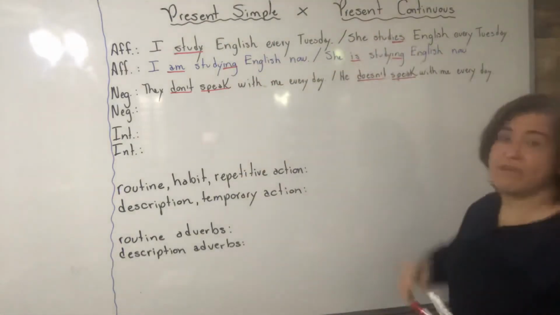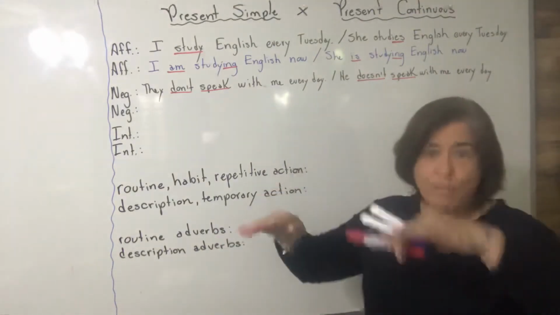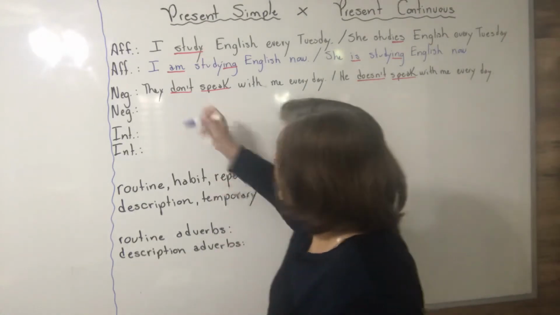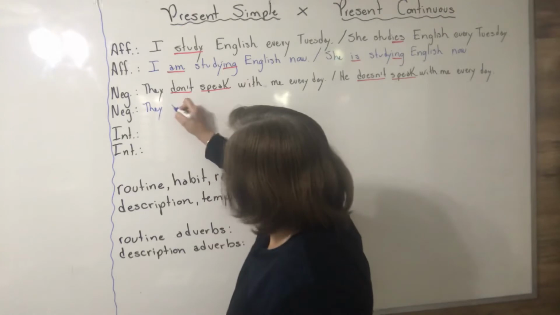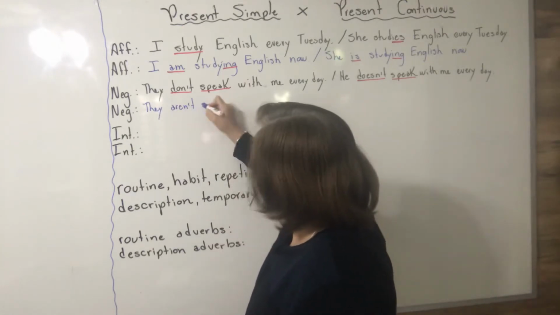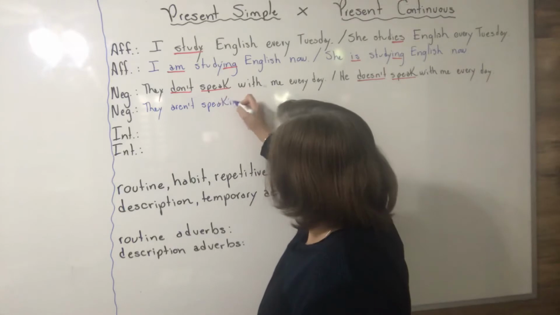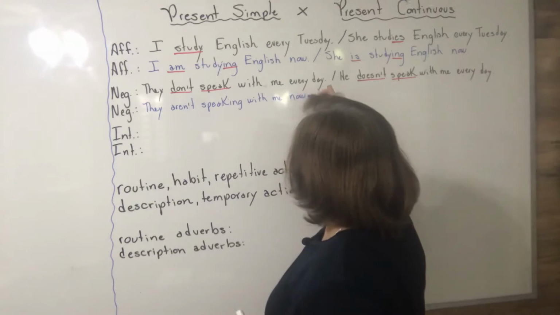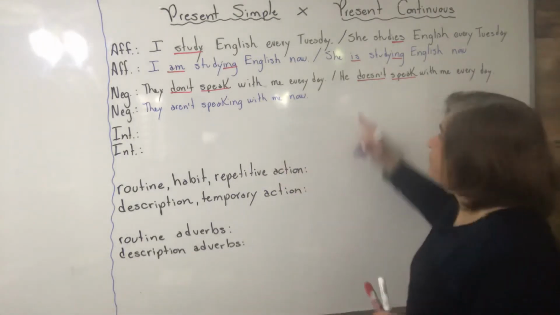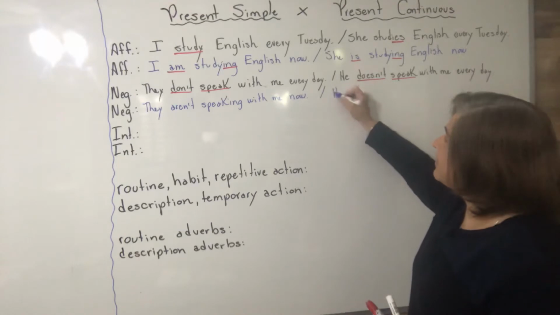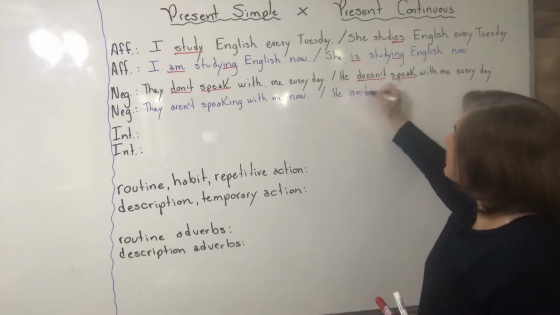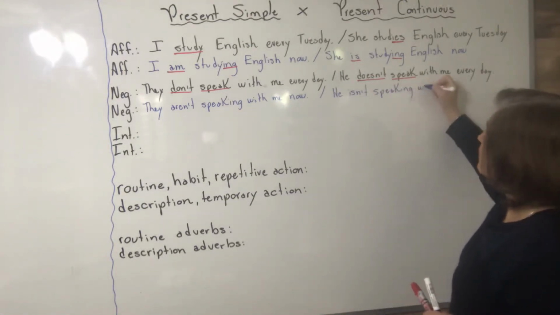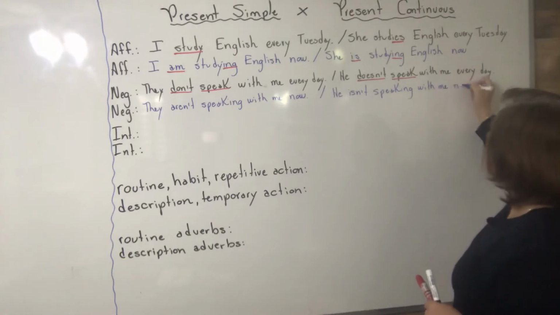And the negative of present continuous, because we are comparing the two present forms. So we have here, they aren't speaking with me now. Okay? And if I put the person he, he isn't speaking with me now.